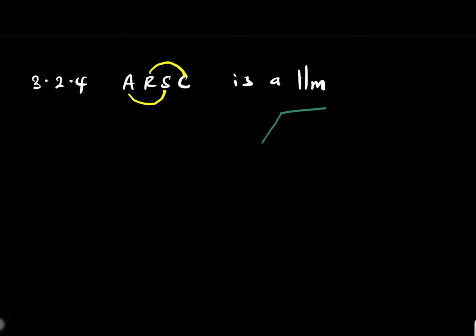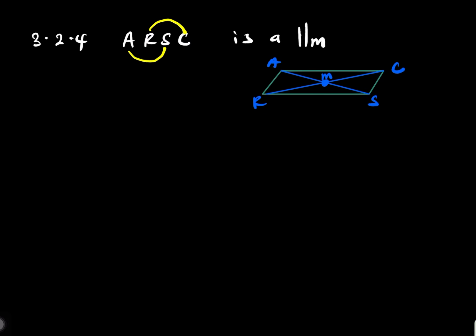Let's have a parallelogram like this, and let me say that here you have A and S, and then R and C. A parallelogram behaves like this: the main diagonals intersect at the midpoint there. Let's just call it M. So the best approach will be to find the midpoint of one line. In this case, I can't use AS because I'm looking for S. I need to find the midpoint of RC.